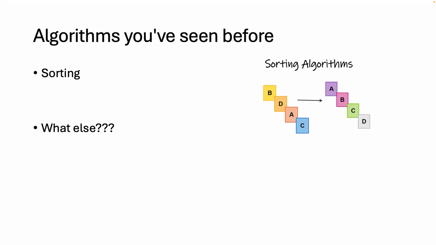Okay. So you've seen algorithms before. One of the common ones we learned in CS2 is the sorting algorithms, right? So taking a jumbled order of things and making it ordered. What other algorithms have you seen before, either in class or maybe in real life? What do you think?